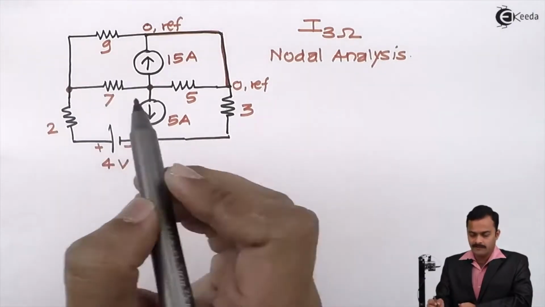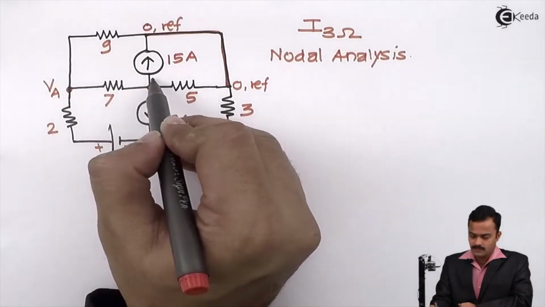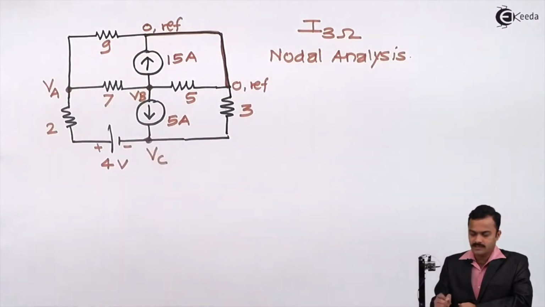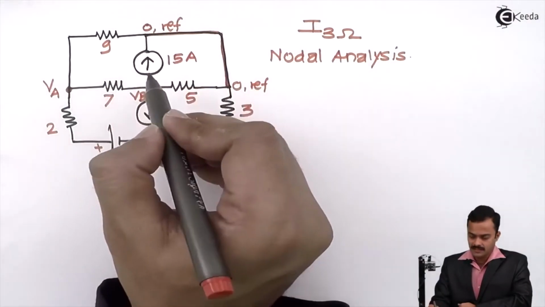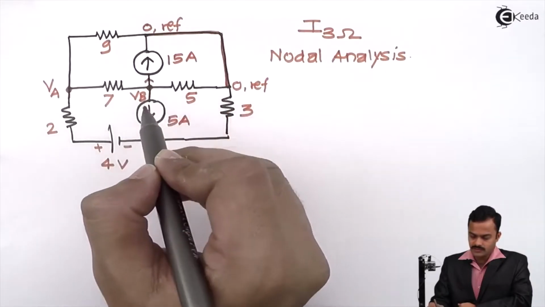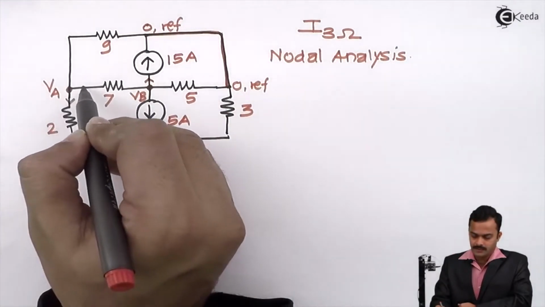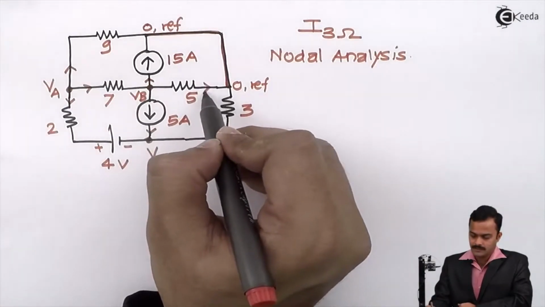Remaining 3 I will consider as node A having a potential VA, node B with a potential VB and node C with potential VC. Let's mark all branch currents. So obviously current sources will have the fixed direction and remaining branch currents I will mark randomly.